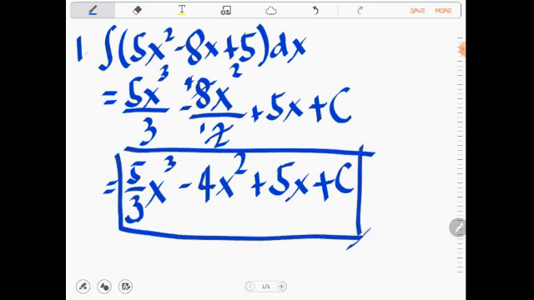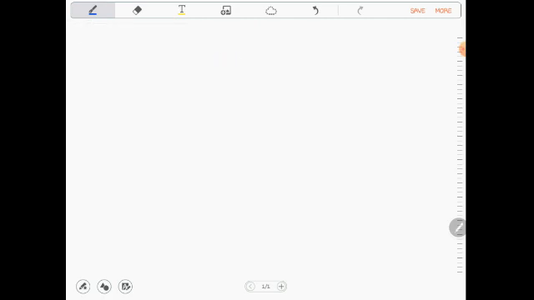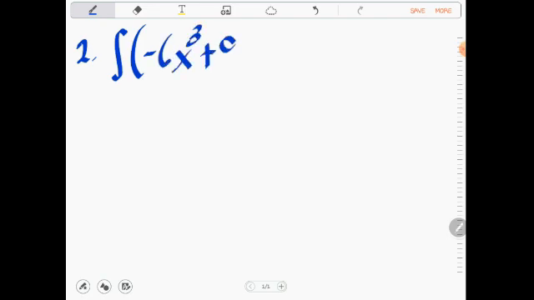So, ito na yung sagot sa ating question number 1. Okay? For question number 2, we have the integral of the quantity negative 6x cubed plus 9x squared plus 4x minus 3 closed quantity dx.